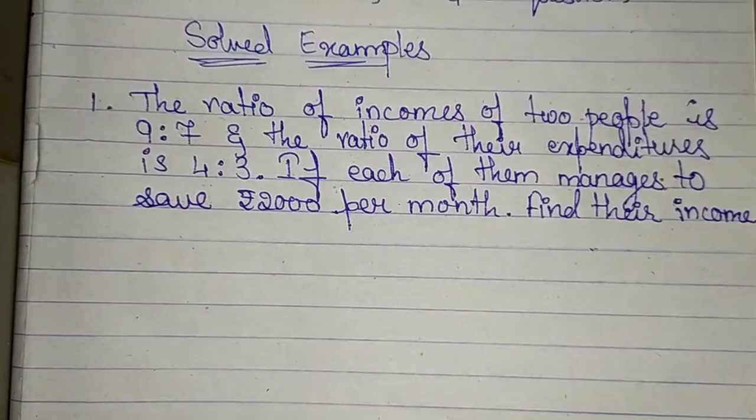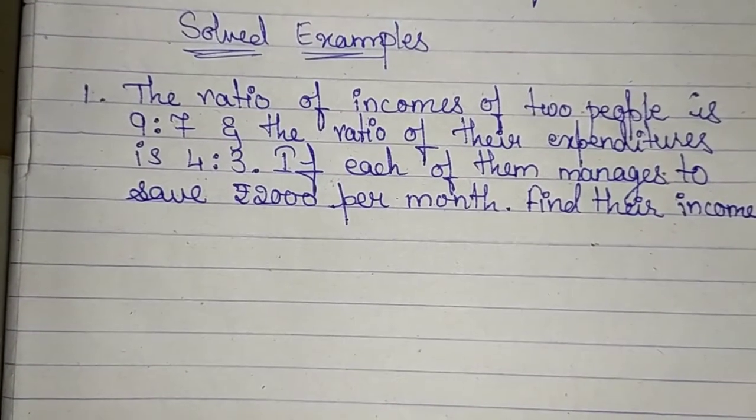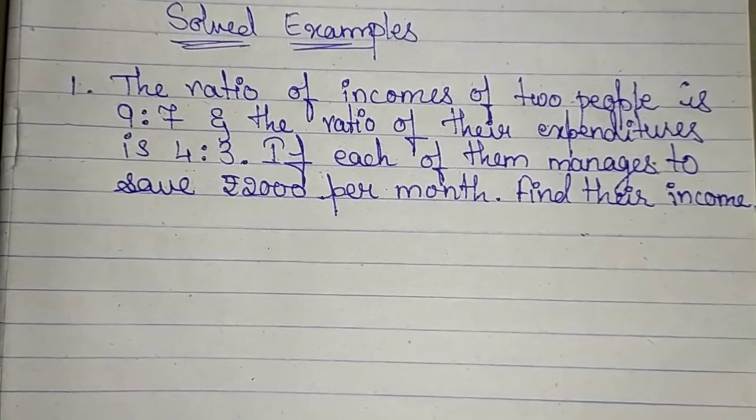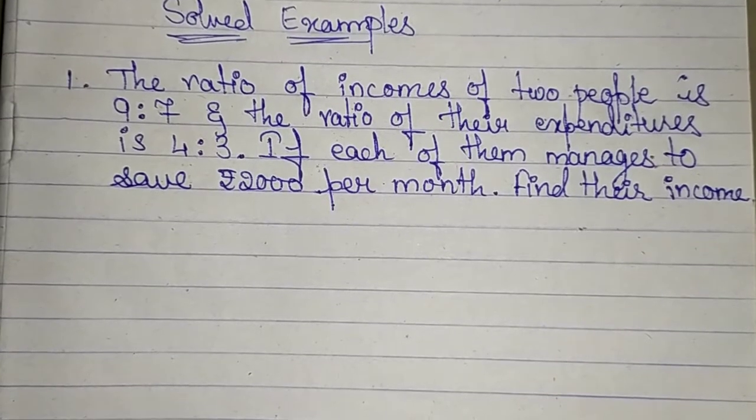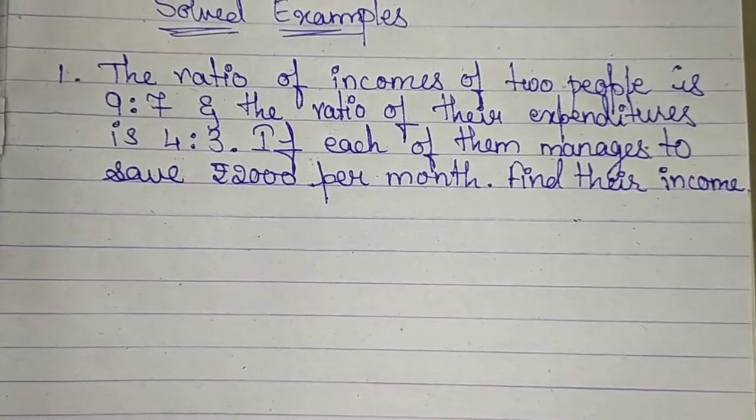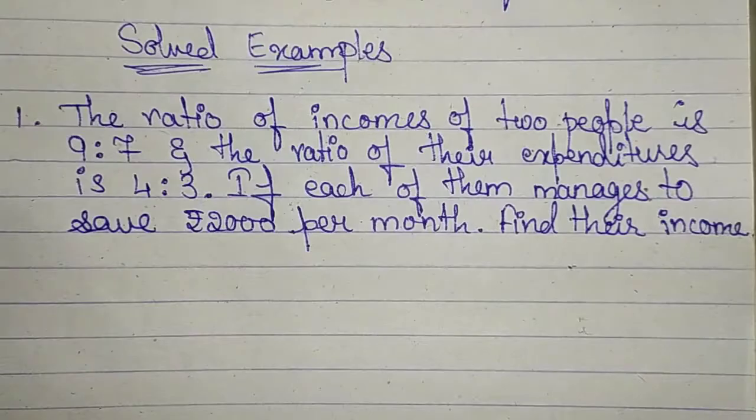Now, the very first solved example is: the ratio of incomes of two people is 9:7 and the ratio of their expenditures is 4:3. If each of them manages to save rupees 2000 per month, find their income.